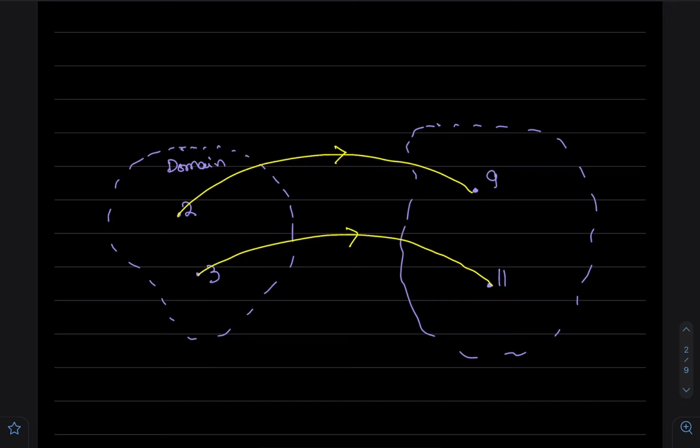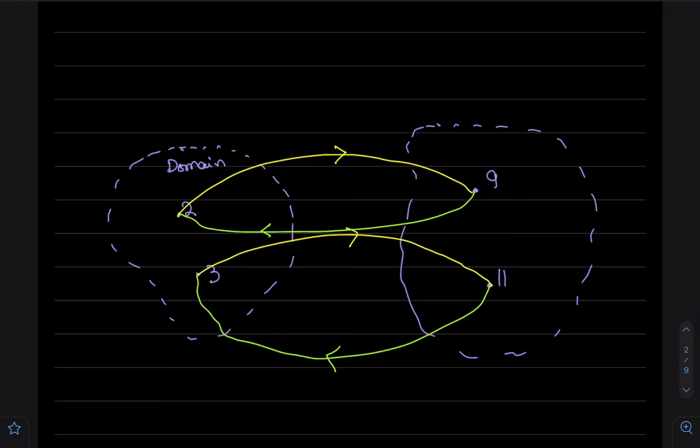Now this raises an interesting question: is there a way to get back from 9 to our 2? Okay, and is there a way to get back from 11 to 3?